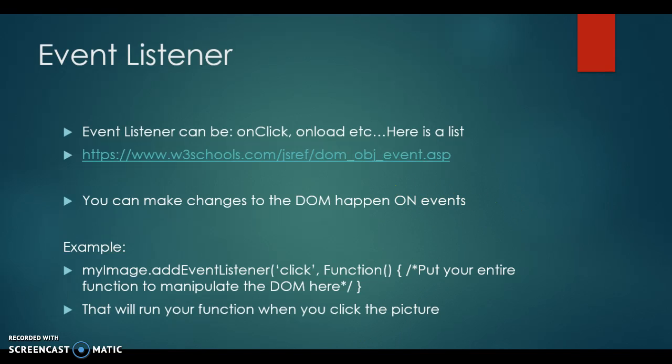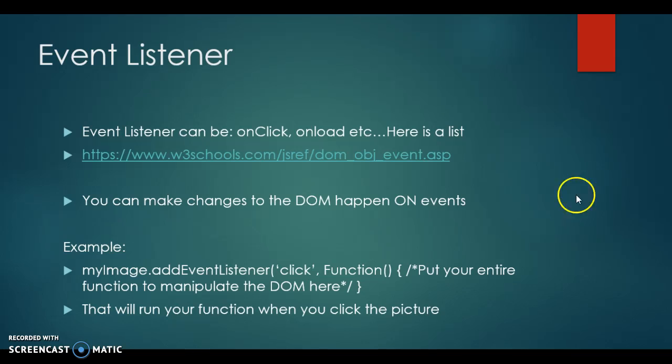An example would be, say I take my image, which is a variable, and I do .addEventListener, and then the event I would put in here would be click. That's one that I picked, but it could be on load or whatever it is. You find the event that you want to trigger that, and then the second component is the function that you want to take place.